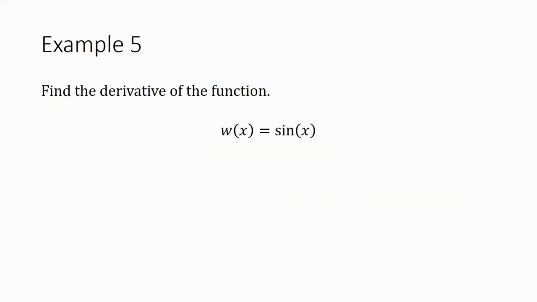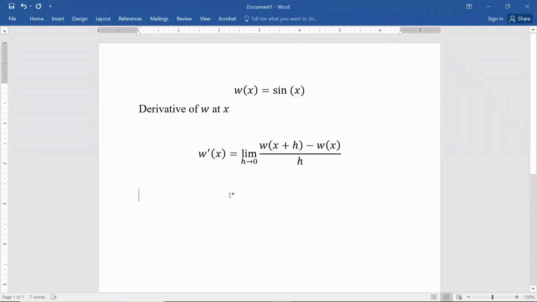Let's take a look first at the function w of x equals sine of x and ask, how could I find the derivative of w for an arbitrary value of x? So we look at the definition. The derivative of w for an arbitrary value of x is the limit of w(x plus h) minus w(x), divided by h.